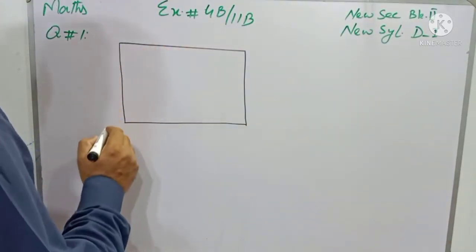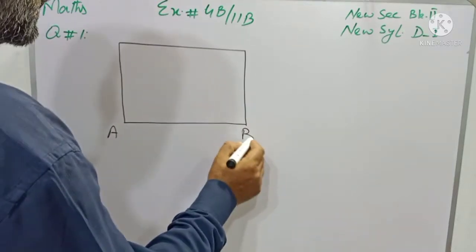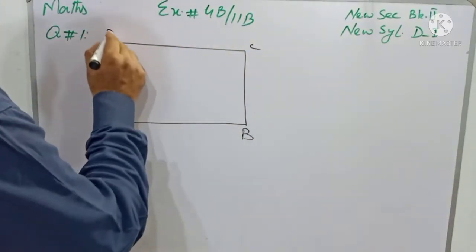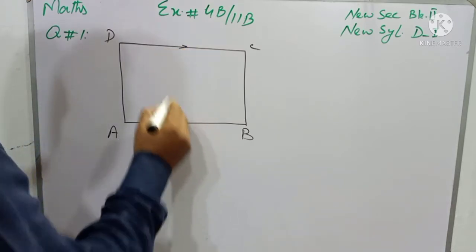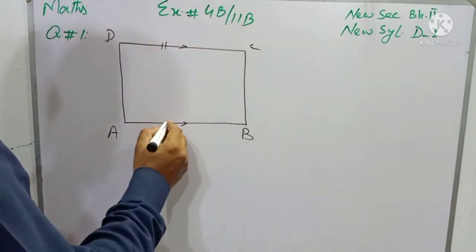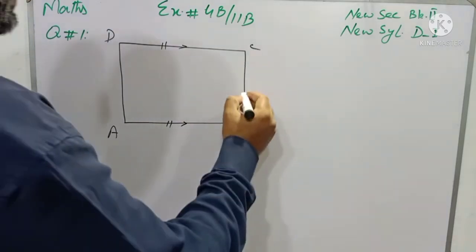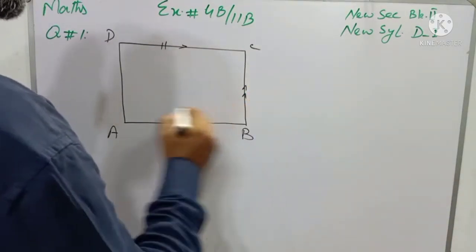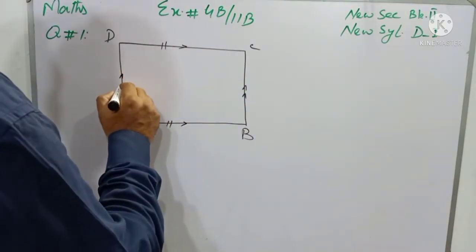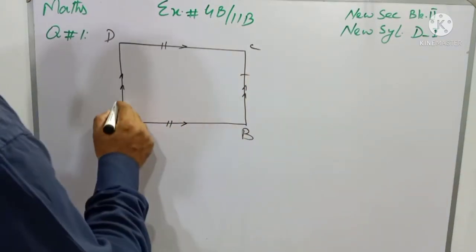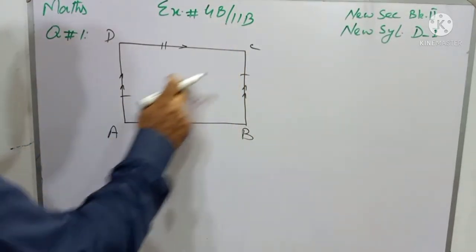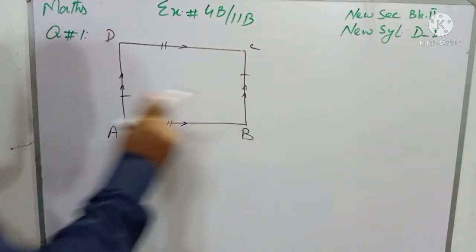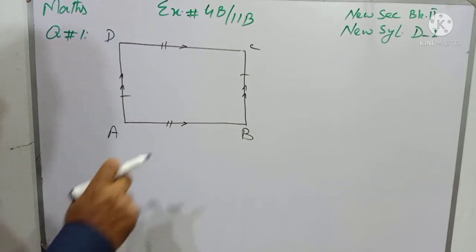I mean to say ABCD is a quadrilateral in which DC is parallel to AB as well as DC is congruent to AB, and BC is parallel to AD and BC is congruent to AD. As well, the diagonals of a rectangle bisect each other.